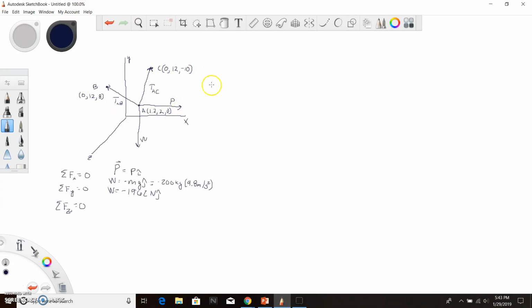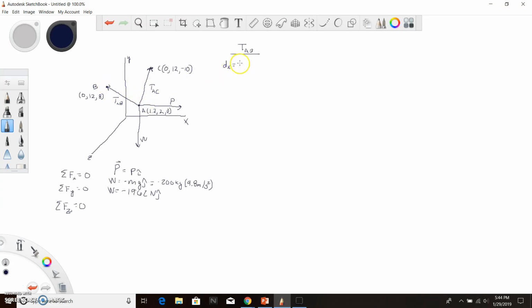Okay, I'm going to kind of separate these. All the stuff for TAB I'm going to put right here. Okay, so D sub x for TAB is going to be from where I end minus where I start.